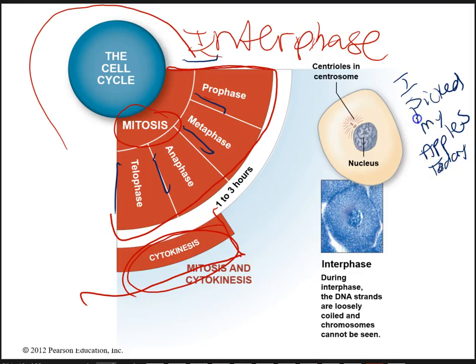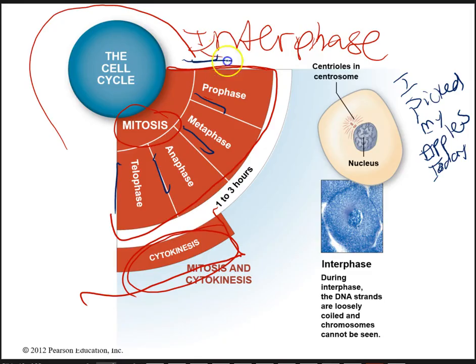I for interphase, P for prophase, M for metaphase, A for anaphase, T for telophase. Okay, so you should be able to put them in order. And then you should also be able to tell me what's happening in general in each stage. And that's what we're going to talk about now.